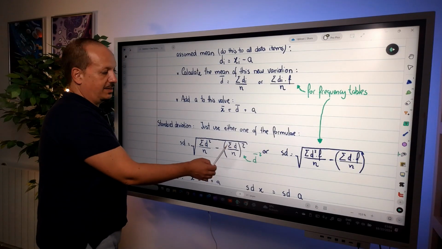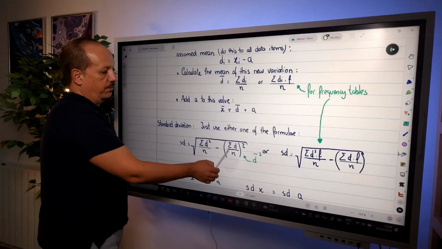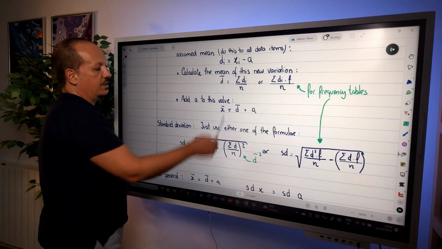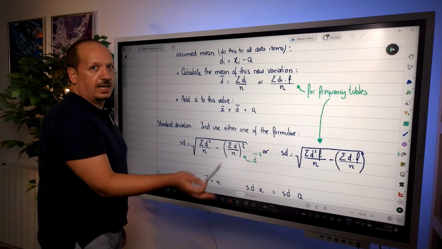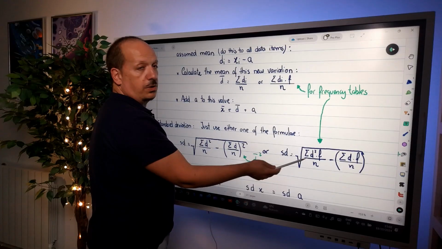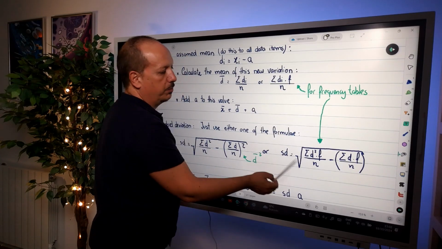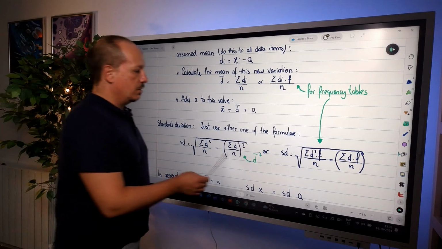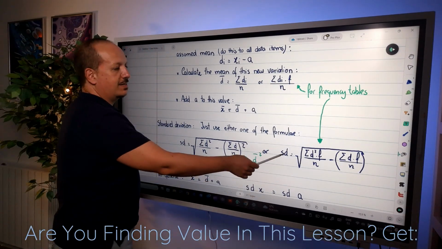This is what this is. All right? This is that. So it's just the average of the squared deviations. It is exactly the same as you had before. Using frequency tables, this is what you'll get. Again, it is the same formula, but with these instead of x's. So just apply this and you get the standard deviation.